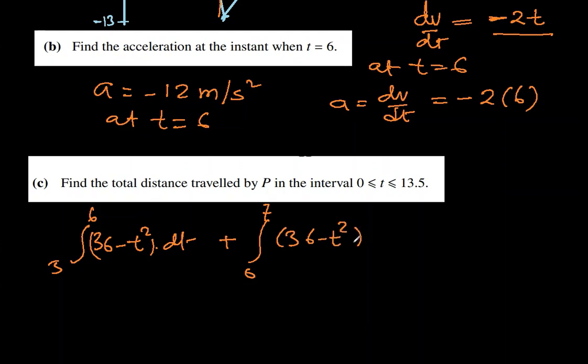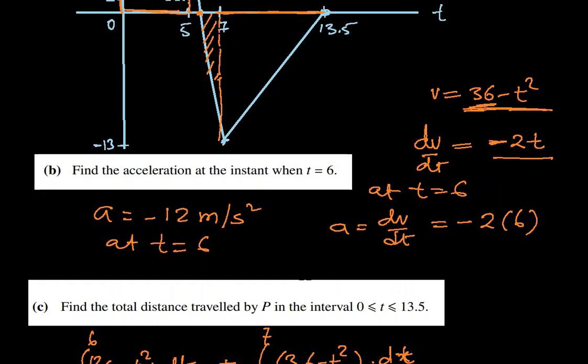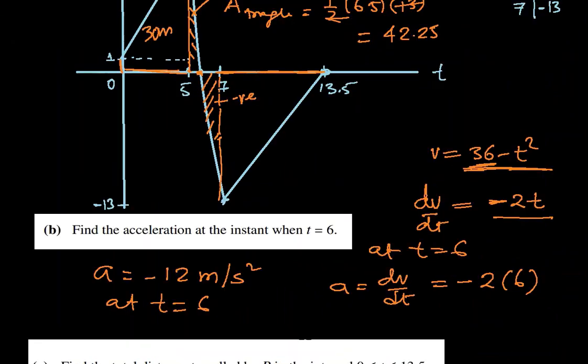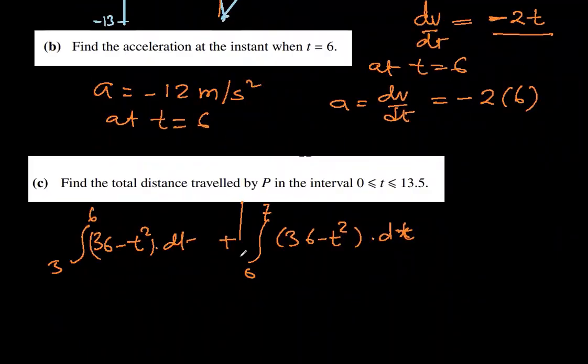I'm breaking it into two parts because this area will be positive, and this area, because it is under the t-axis, will be negative. If I add them, we'll get the difference of them, and that's not what we want. We want both the areas. So that's why I will add them and put an absolute value around this one, because this is going to be a negative area for sure.